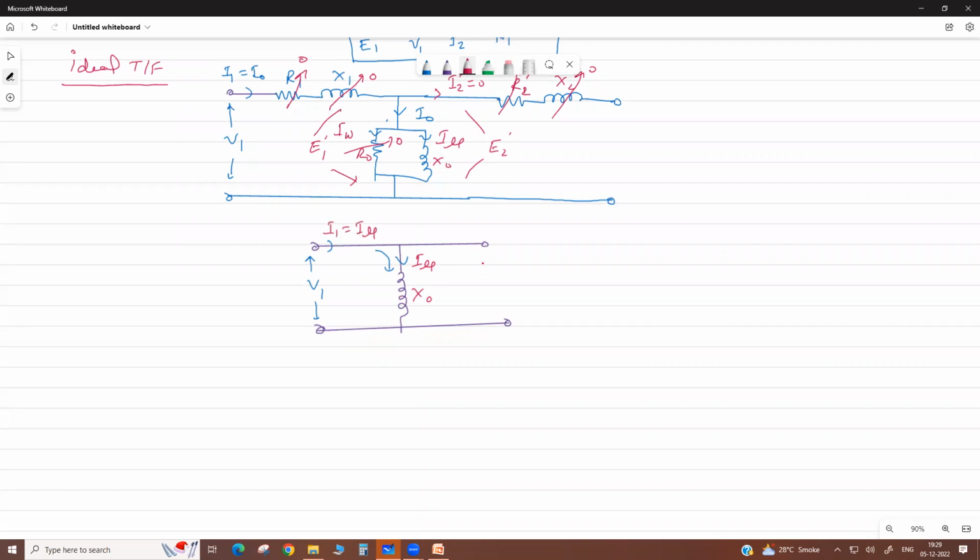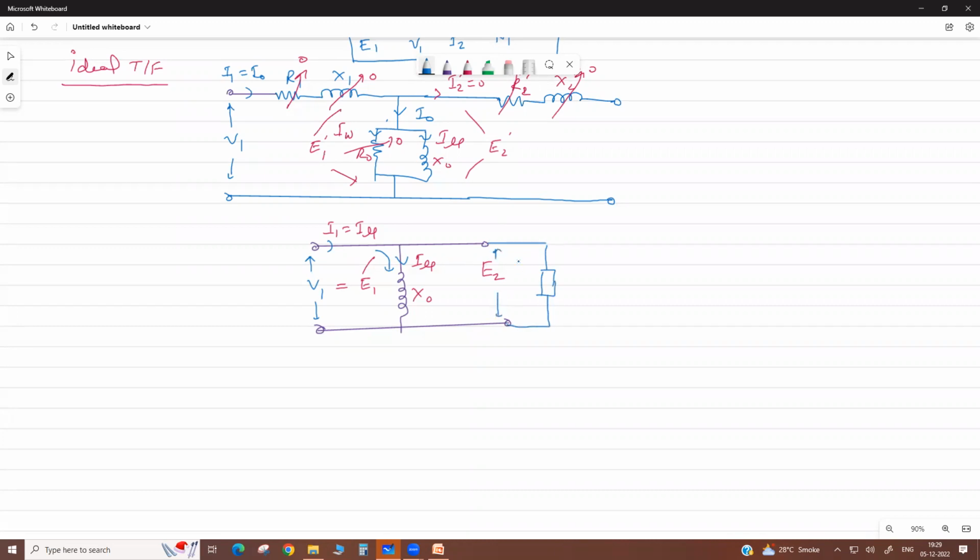Here it is the induced voltage E2, and here it is the primary induced EMF E1. Because the impedance is not there, V1 equals E1. Now suppose we connect a load on the secondary of the ideal transformer.